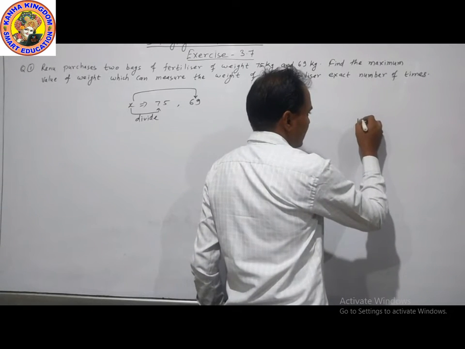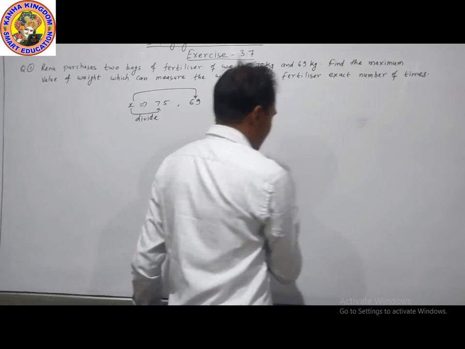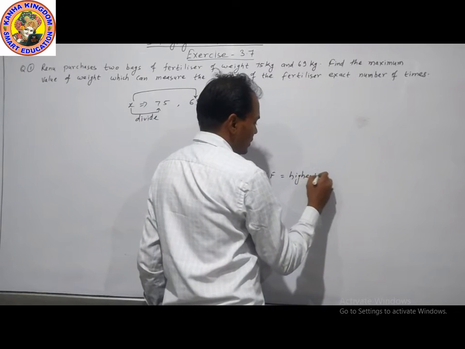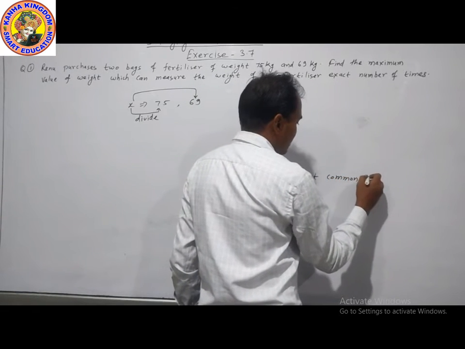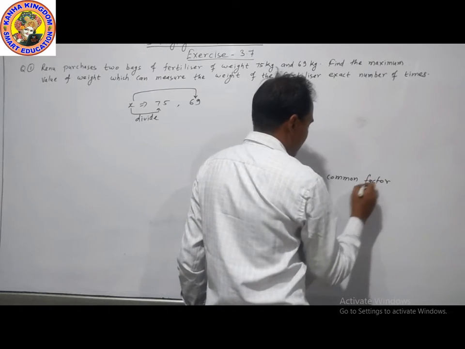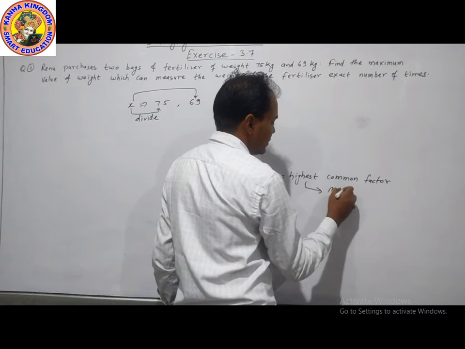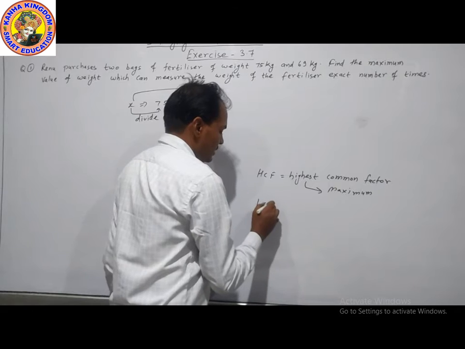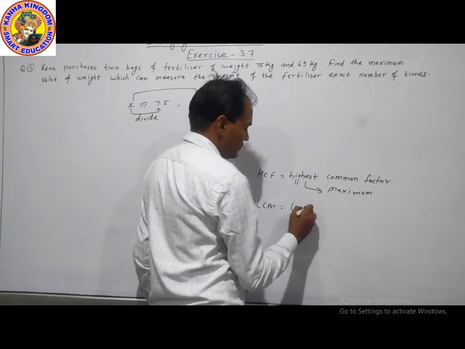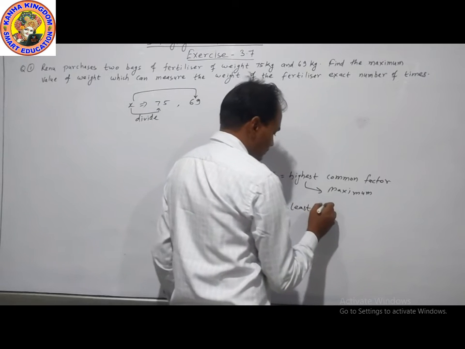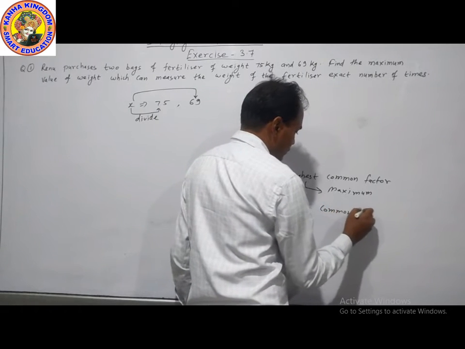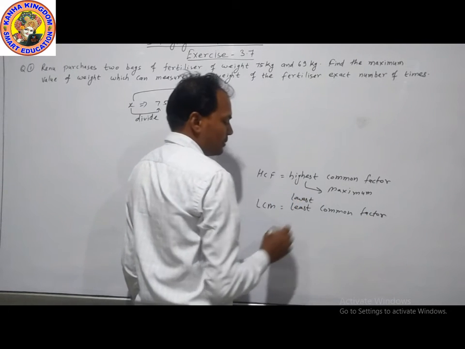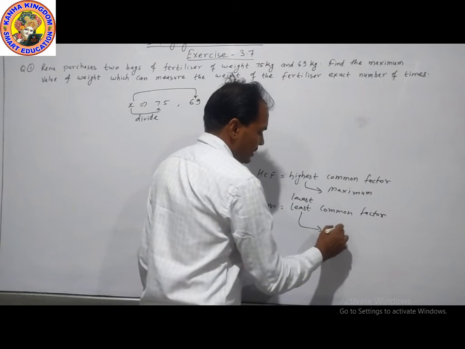Shortcut to remember: HCF is highest common factor. Highest means maximum. LCM is least common multiple, or lowest common multiple. Lowest means minimum.